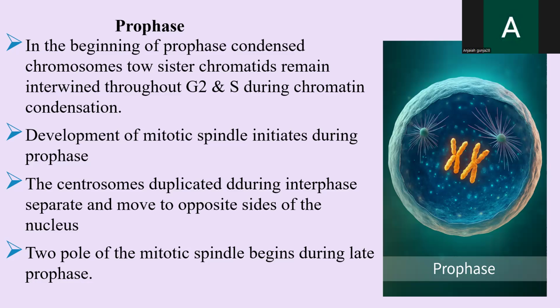These are centrosomes, and they are going to produce mitotic spindles. The centrosomes, duplicated during interphase, separate and move towards opposite sides of the nucleus. You can see the two centrosomes here. The two poles of the mitotic spindle begin during late prophase. The spindle fibers will be produced after late prophase.